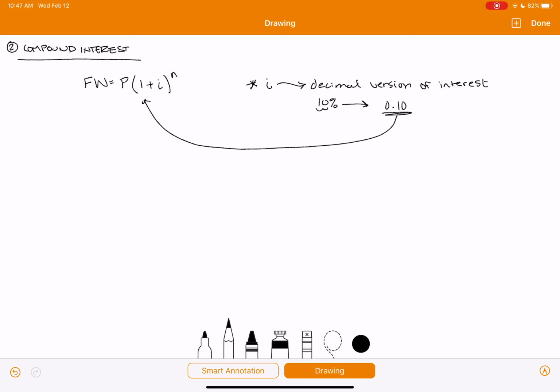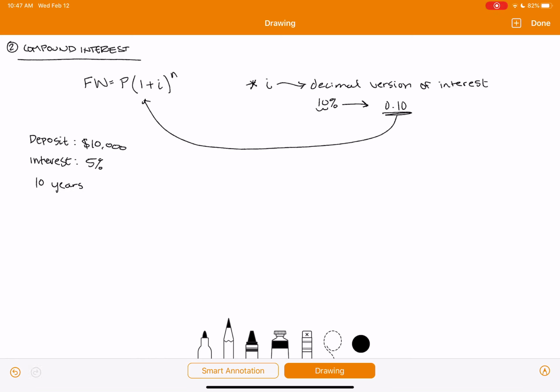So, for example, if we deposit $10,000 into an account that has an interest rate of 5%, and we want to know how much money will be in the account after 10 years.